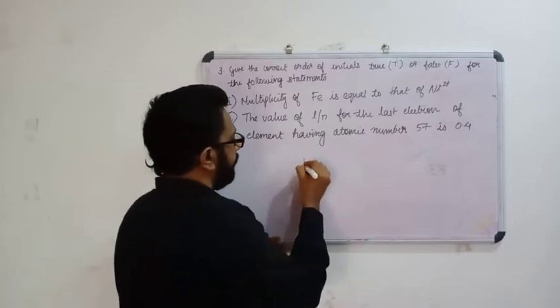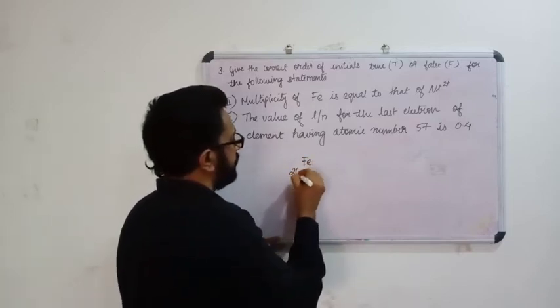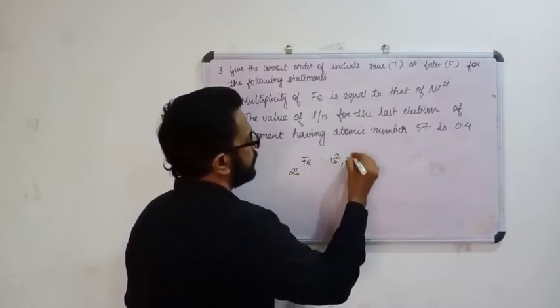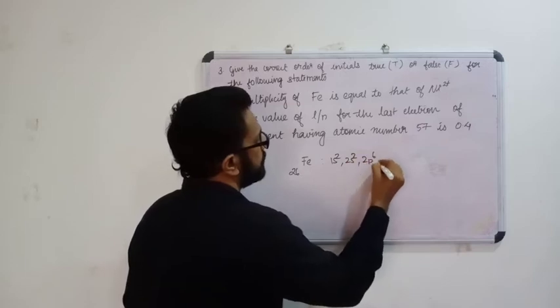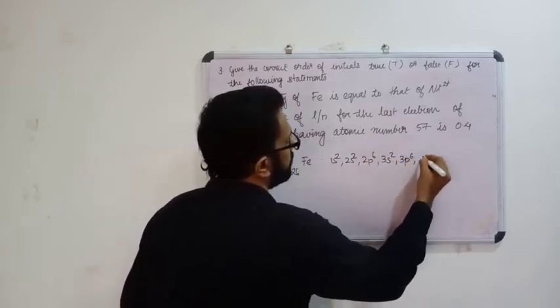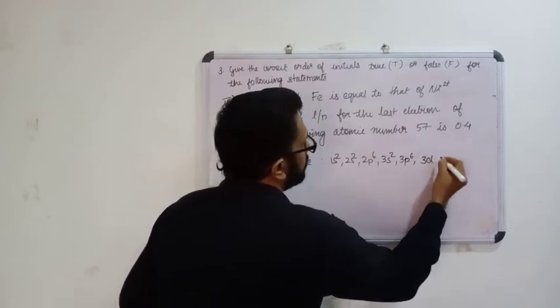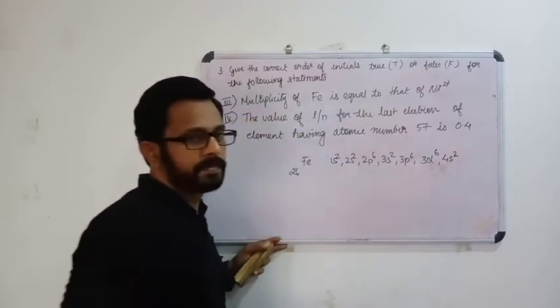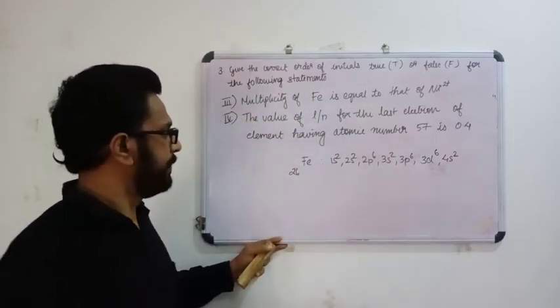Now Fe, we know atomic number 26. We are going for the configuration 1s2, 2s2, 2p6, 3s2, 3p6, 3d6, 4s2. So this is the configuration of Fe.